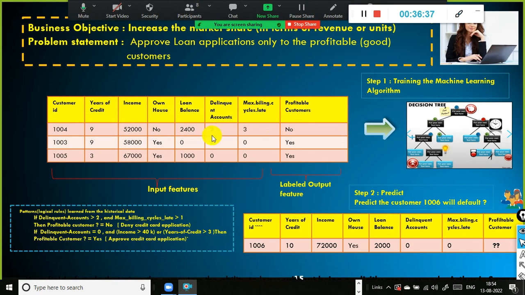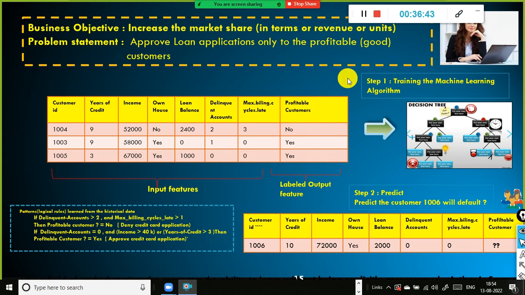So what we do is, I'm going to classify this data into two different things. One is the input features.